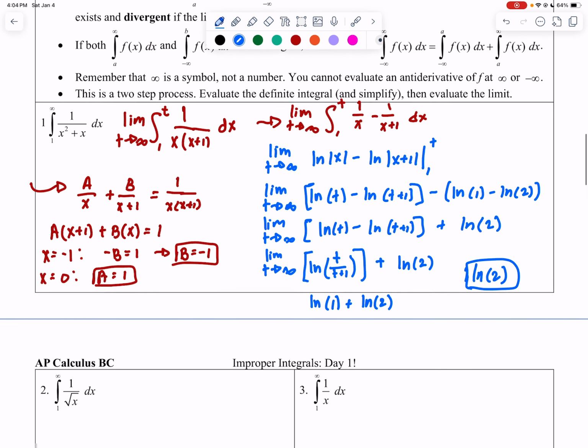So my final answer, the integral from 1 to infinity of 1 over x squared plus x, is ln of 2.